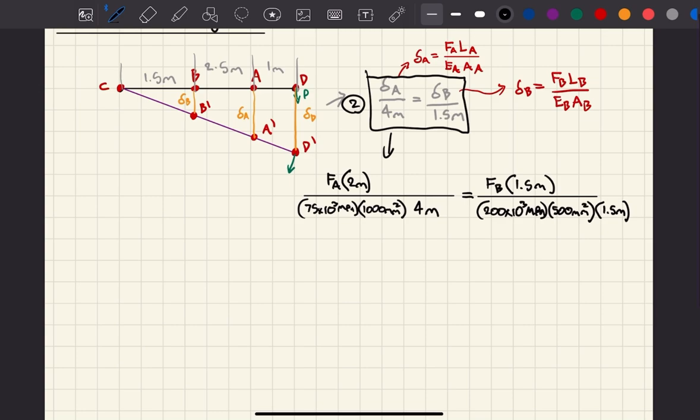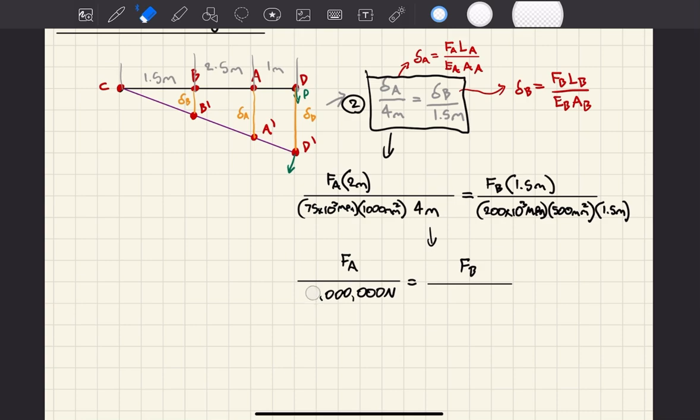Okay, so if you work through both of these sides and calculate both sides, you're going to end up getting a simplification of FA divided by 100 million newtons is equal to FB divided by, or actually this one's 150, my bad, 150 million newtons.